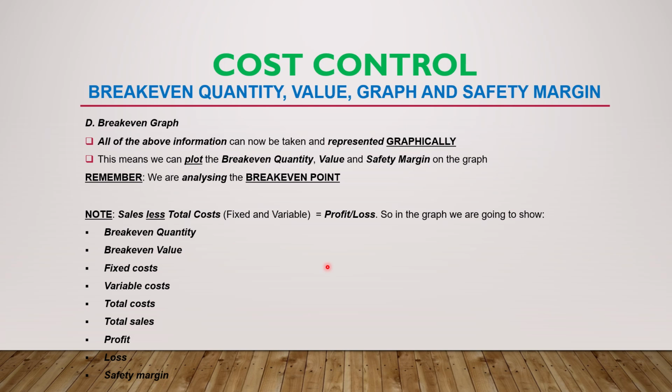Before you draw your graph, these are the things you need to show in it: your break-even quantity, your break-even value, your fixed costs, your variable costs, your total cost, your total sales, your profit, your loss, and safety margin. You have to show those things in the graph.